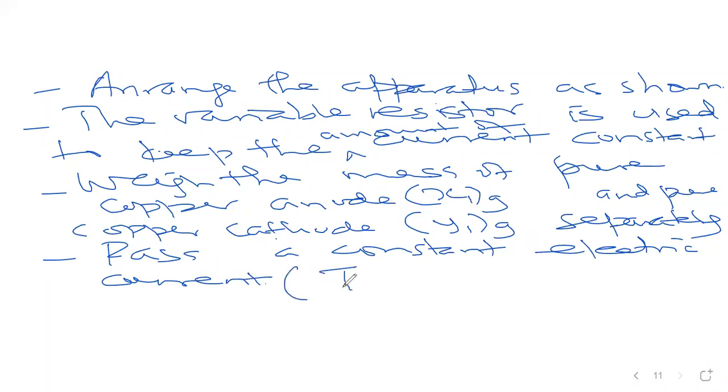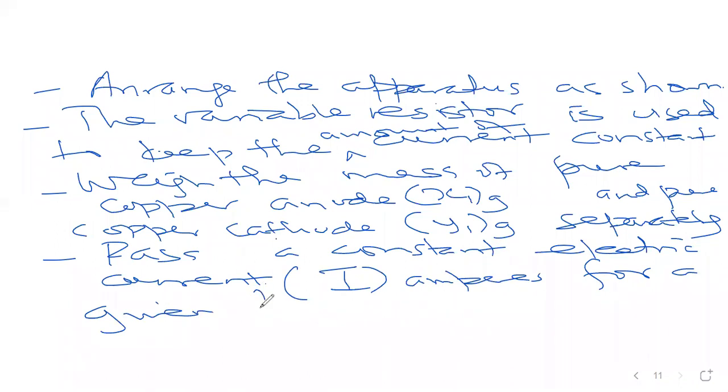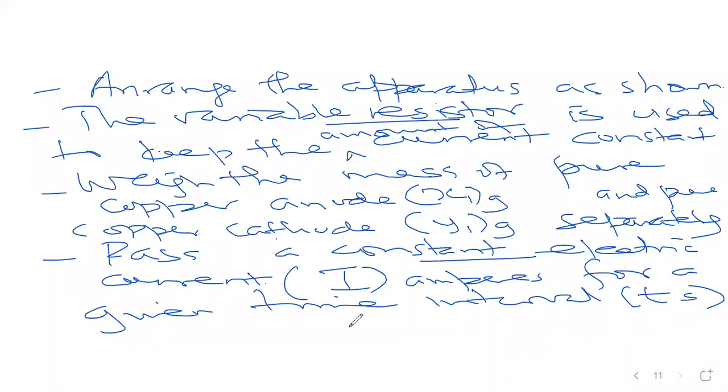We shall call it I amperes for a given time interval, in brackets, t seconds. Pass electric current, which is a constant. That's why there is a variable resistor here, to keep the amount of current passing through the circuit constant. So you pass a constant electric current for a given time interval, which we can call t seconds.